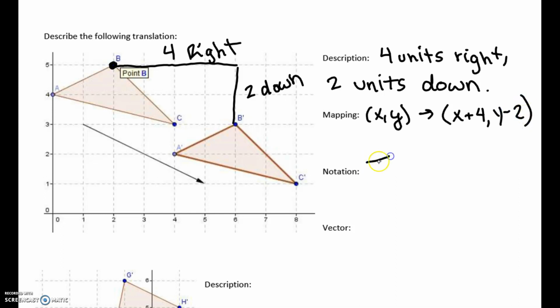My notation is T for translation, and then in a subscript, the x changed 4 units and my y changed -2 units. And my vector notation is my v changed +4 units right, -2 units down.